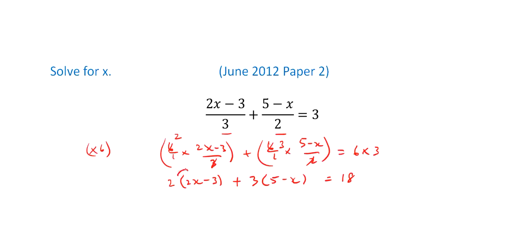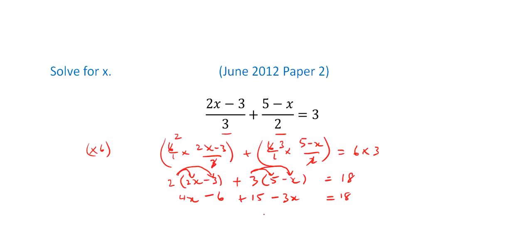Remove the brackets again. So 2 multiplied by 2x will give me 4x. 2 multiplied by minus 3 will give me minus 6. 3 multiplied by 5 will give me 15. 3 multiplied by minus x will give me minus 3x, which is equal to 18.